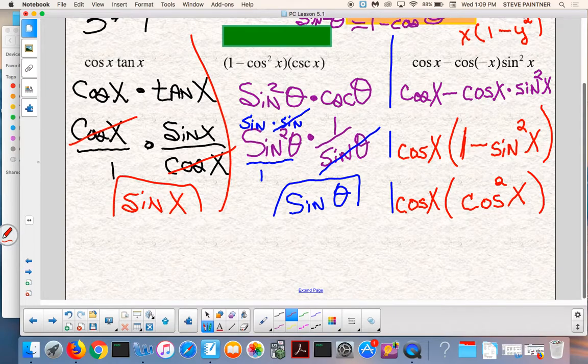Louder. Cosine cubed. Yeah, that's it. Does everybody agree that this 1 minus sine squared is cosine squared? Do I have to prove it to you why? No? Okay. And this says cosine times cosine times cosine. That's why it's cosine cubed.